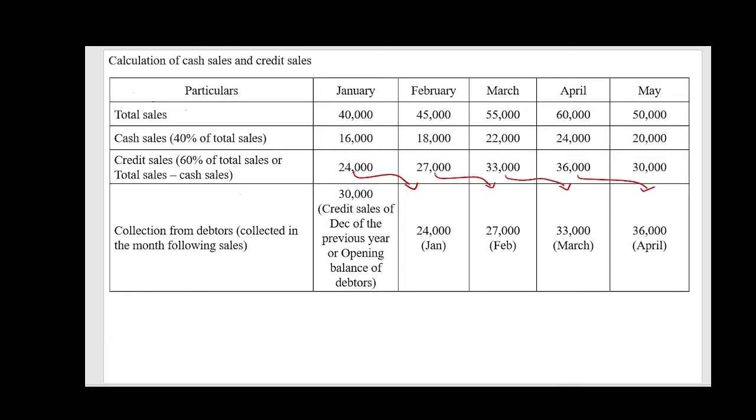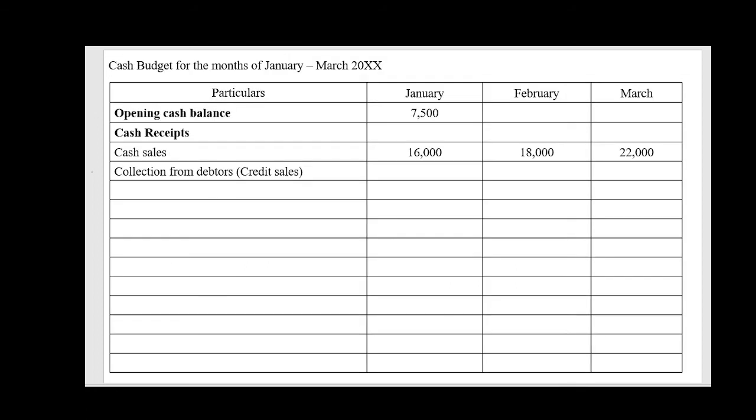January 30,000, February 24,000, and March 27,000. Let us quickly put the figures over here. So collection from debtors for the month of January is 30,000. For February it is 24,000, and for March it is 27,000.